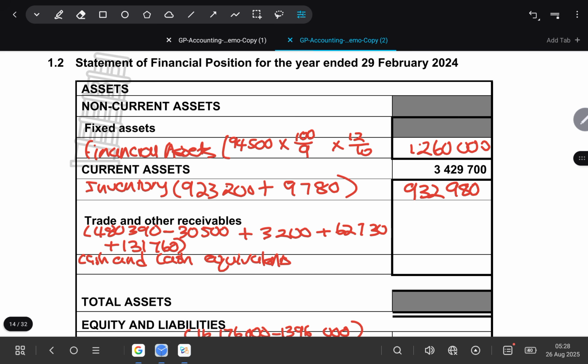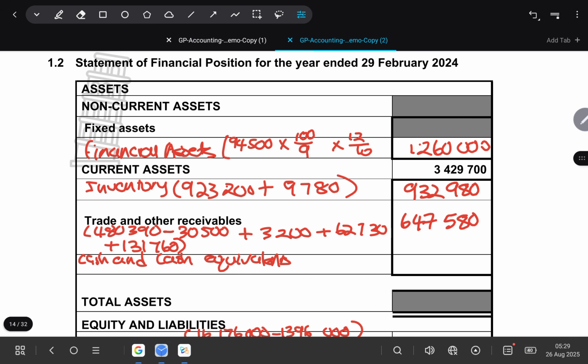Then our cash and cash equivalents, trade and other receivables: 480,390 minus 30,500, and then plus 3.2, plus 62,730, and then plus 131,760. It gives us 64,758.